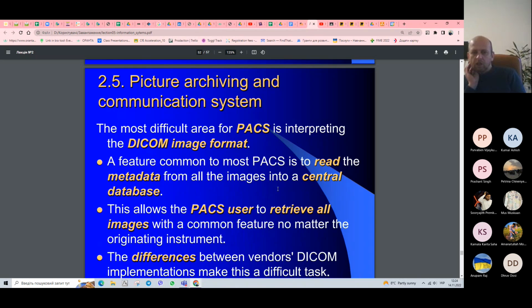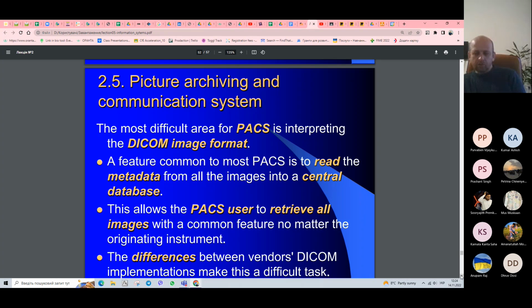This allows the PACS user to retrieve all images with a common feature, no matter the originating instruments. The differences between vendors' DICOM implementations make this a difficult task.